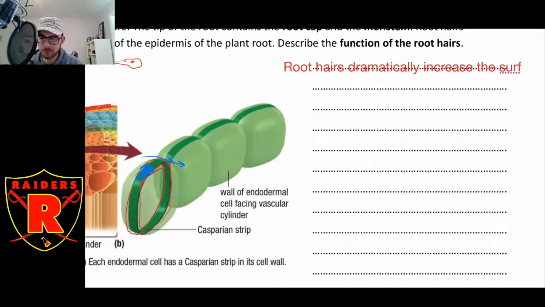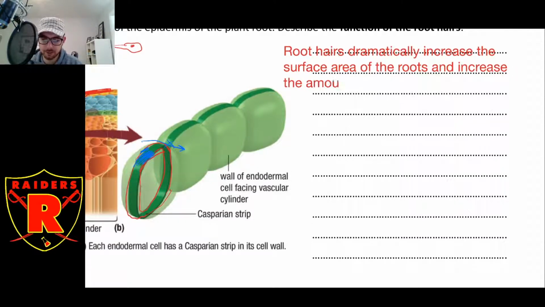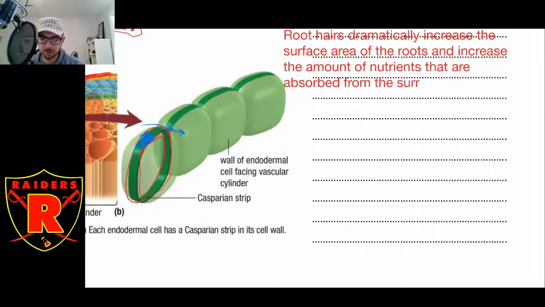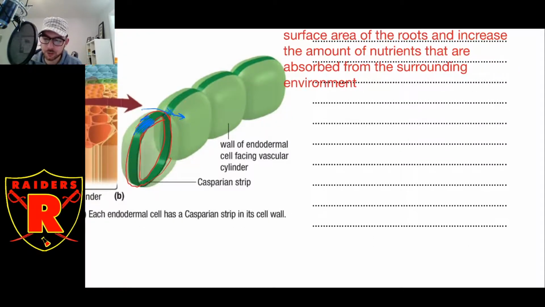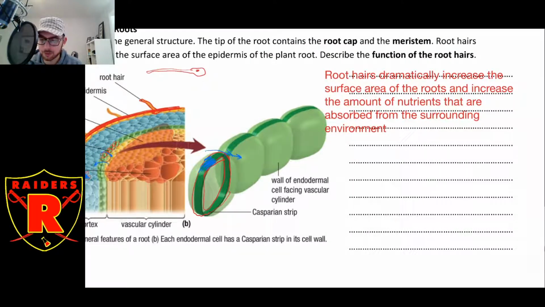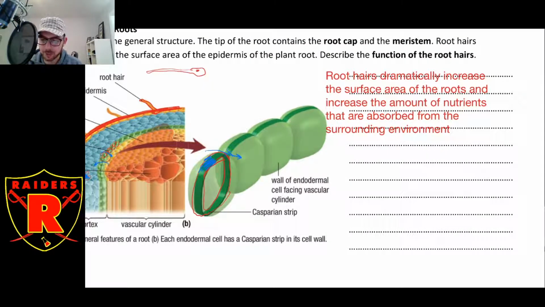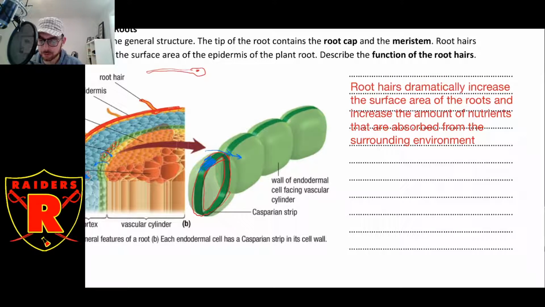They dramatically increase the surface area of the roots, which allows them to increase the rate at which they bring in nutrients from their surrounding environment.